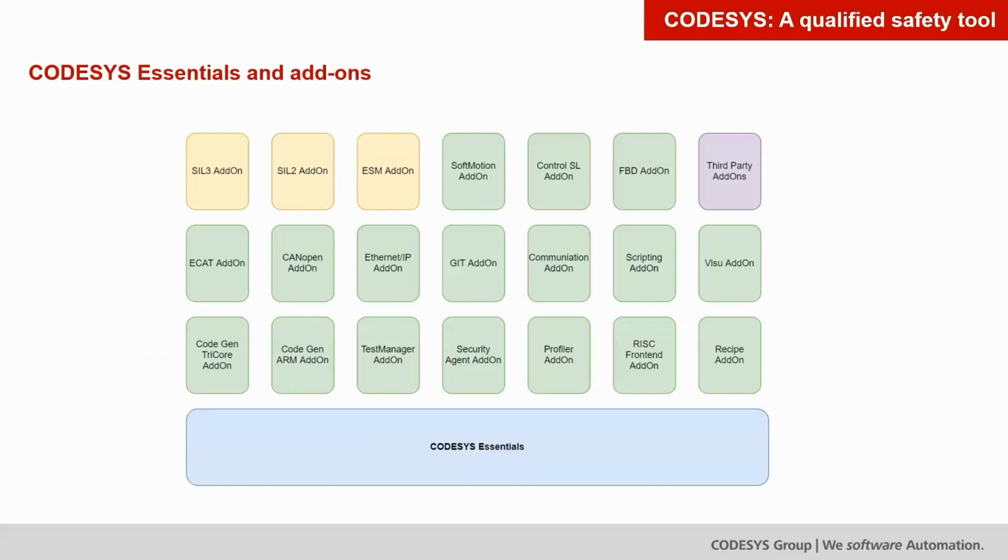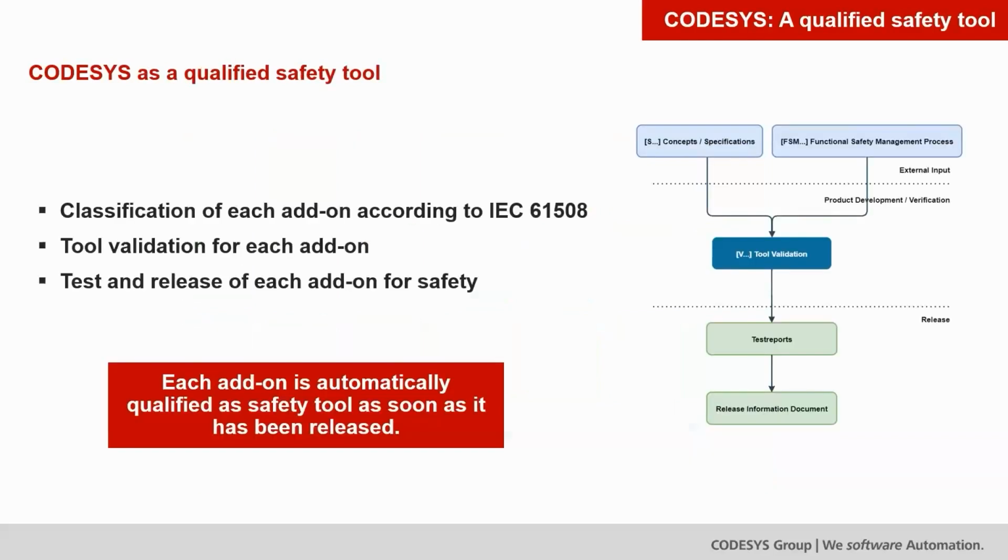And of course, we have the safety-related add-ons, the SaIL 3 add-on, the SaIL 2 add-on, and the ESM add-on. And by now, we always qualified the tool as one piece. But now with the modularization, we are going to qualify each single add-on and the CODESYS Essentials separately.